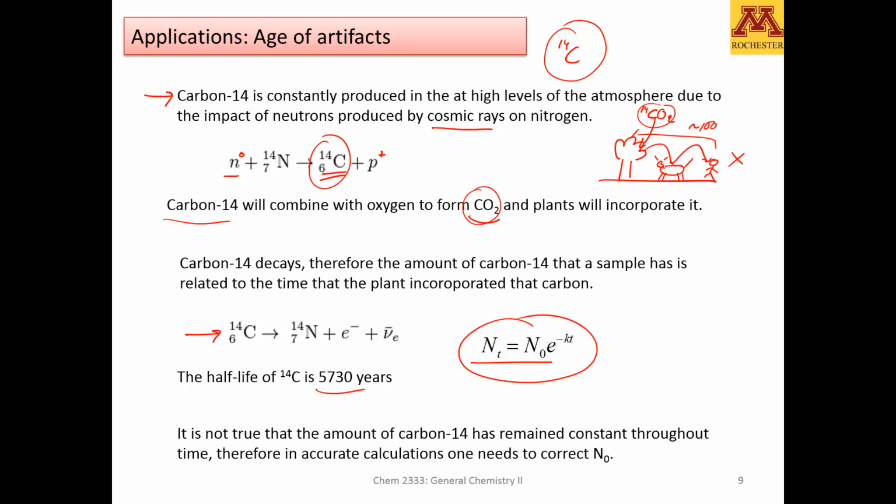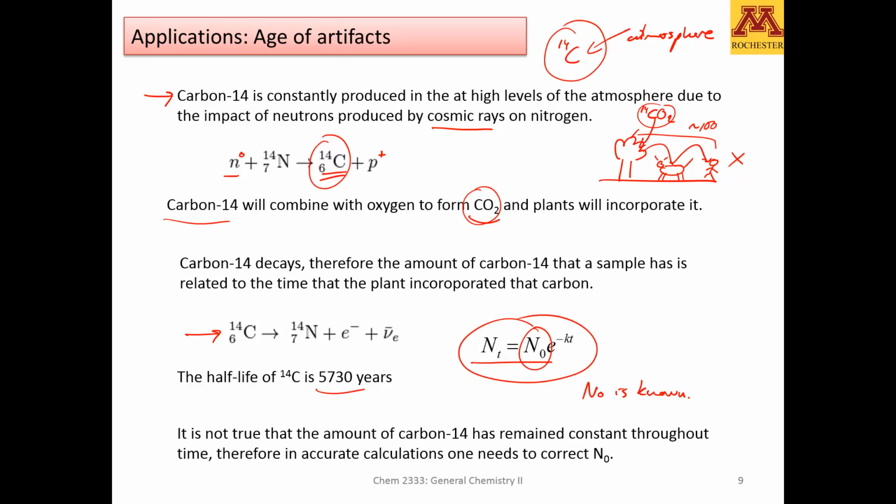with one caveat. It's important, if you really want to do a very specific calculation, you have to correct this because you assume that N0 is known. In other words, you know the concentration or the amount of carbon-14 in the atmosphere when that tree, cow, or person was alive.